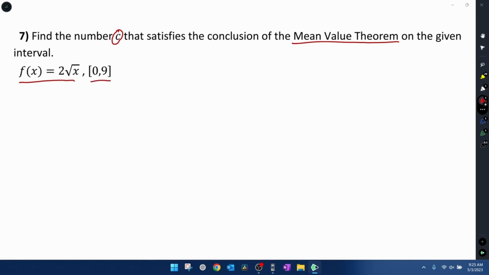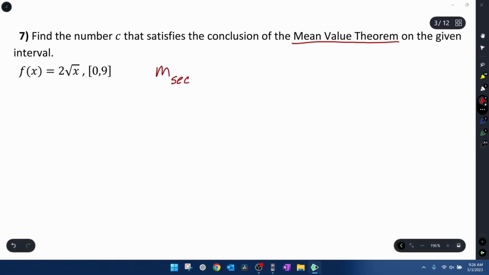And what the mean value theorem says is that somewhere along your function on a given interval, there will be a point called c where the slope of the tangent at c is the same as the slope of the secant containing the endpoints of your interval. So the first thing we need to do here is find the slope of the secant. And then we will simply find the value c that gives us the slope of the tangent to be the same value.